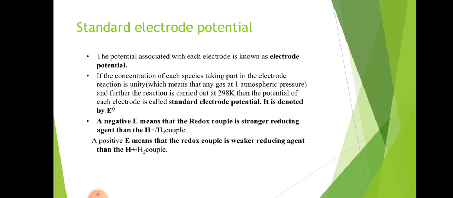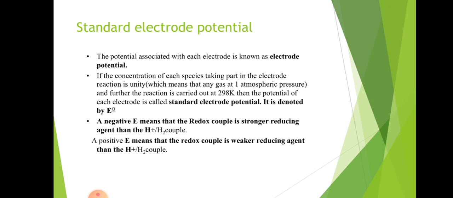The electrode reaction considered for the electrode potential is a reduction reaction. Therefore, the value and sign of the standard electrode potential is a measure of the tendency of the active species in the electrode reaction to remain in the oxidized or the reduced form.